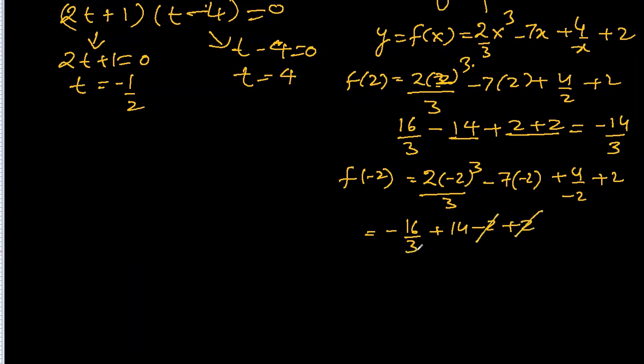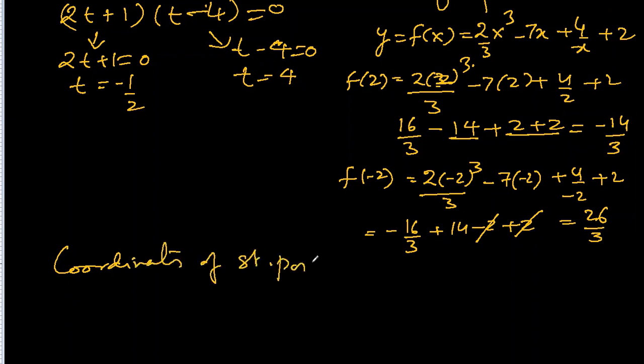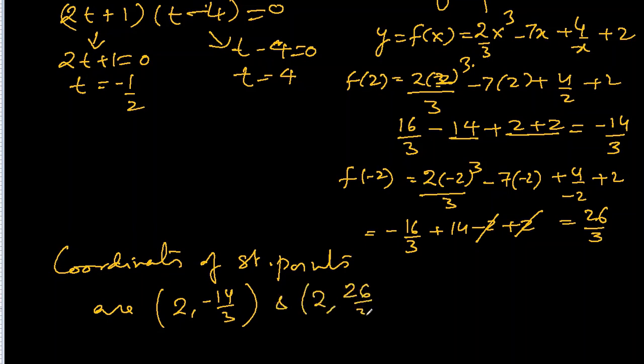They cancel out and this comes out to be 26 over 3. So coordinates of stationary points are (2, minus 14 over 3) and (minus 2, 26 over 3).